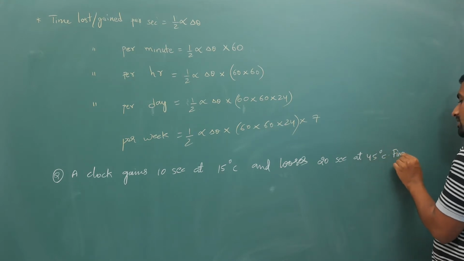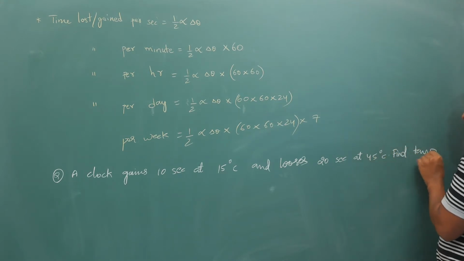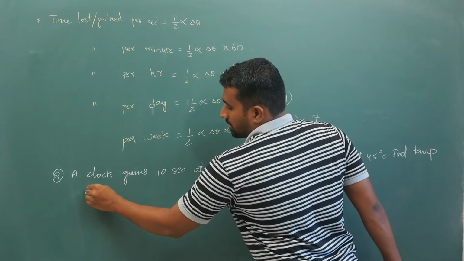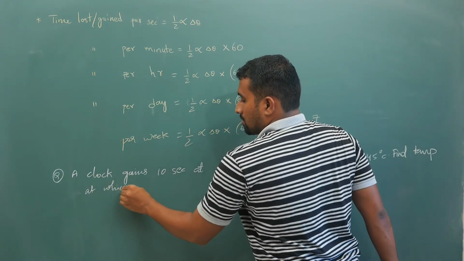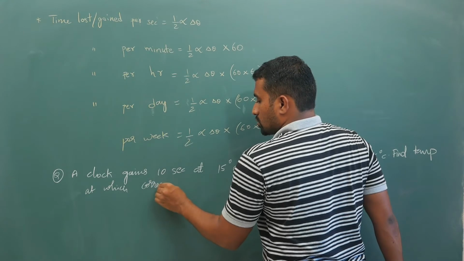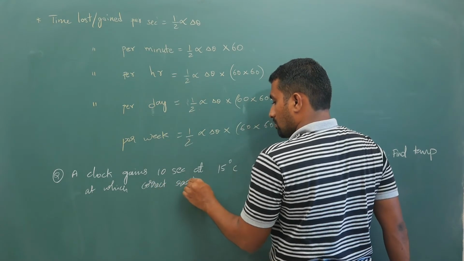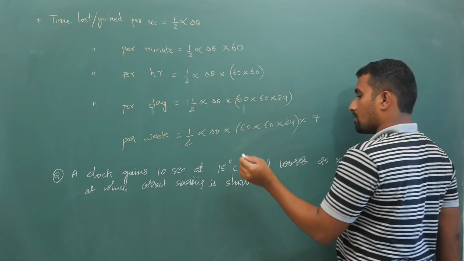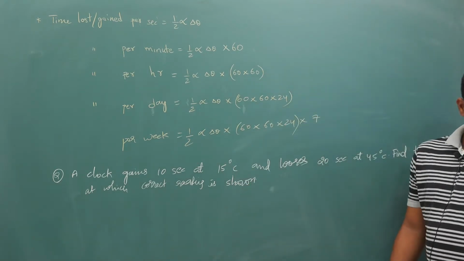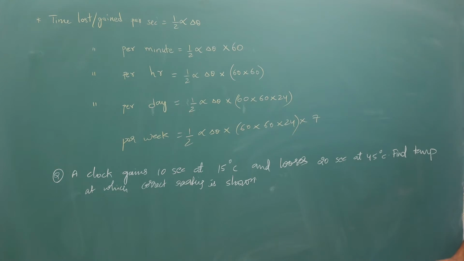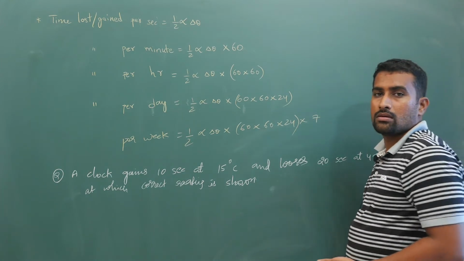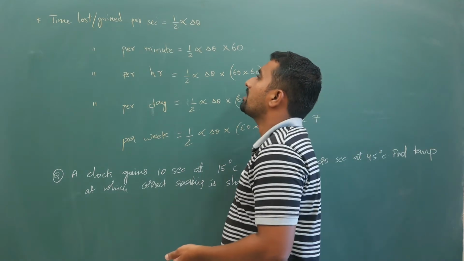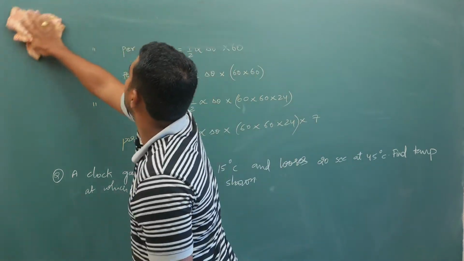Find the temperature at which the correct reading is shown. That is your question. It is easy, you can directly do it. Copy this down, take this question, then do it.